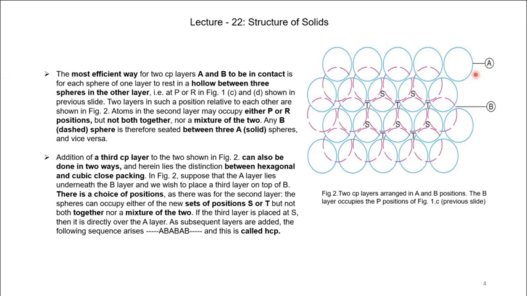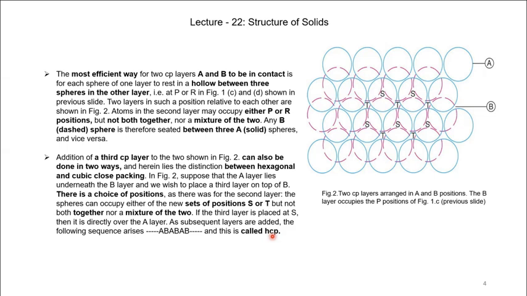If it is just on top of the first layer, then we have a sequence like AB, AB, AB. If we continue like this in 3 dimensions, perpendicular to this close packing layer, we call this type of close packing the hexagonal close packing.